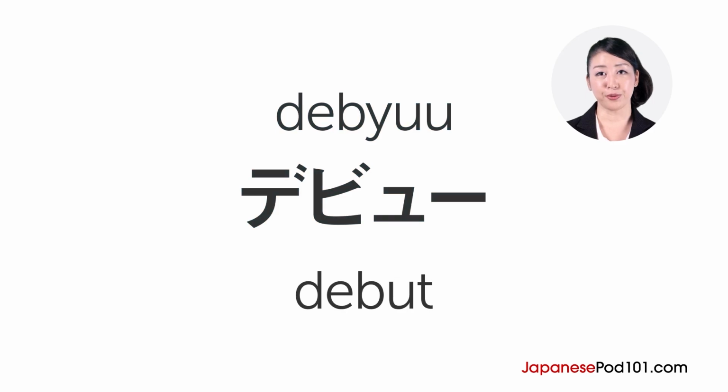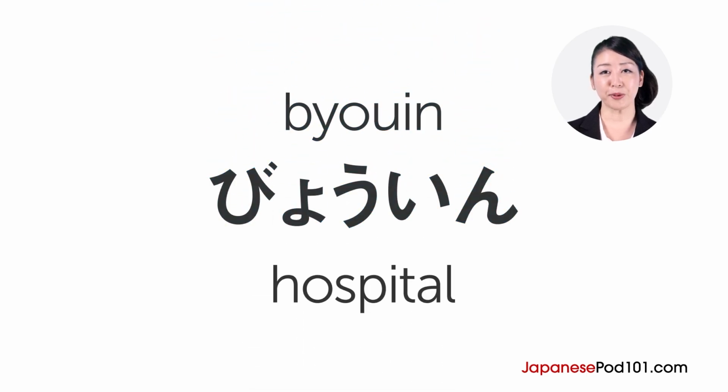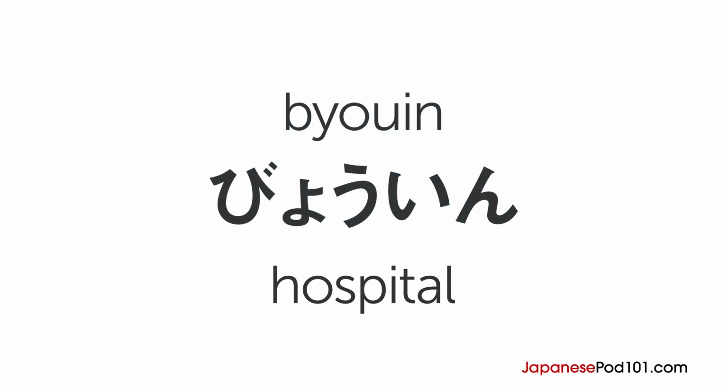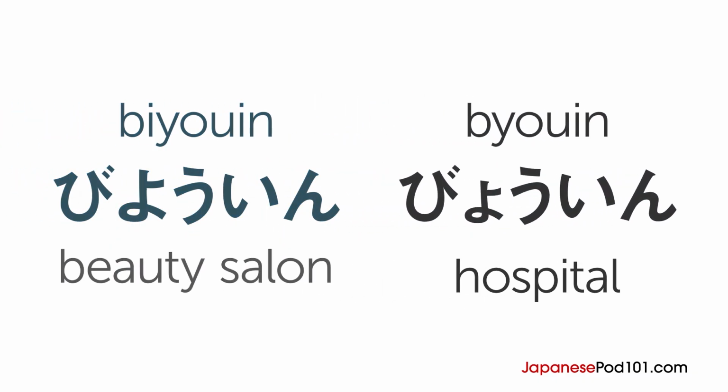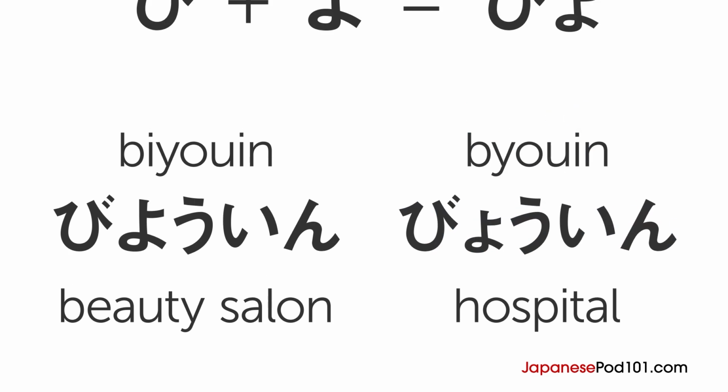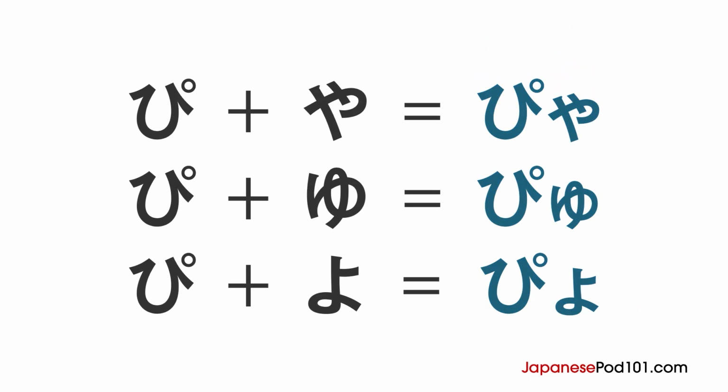Debut. 病院, hospital. Don't confuse 病院, hospital, with 美容院, beauty salon. Remember, you need to say B and yo sounds in one syllable to say 病院. The last one is ぴゃ、ぴゅ、ぴょ. Repeat after me.